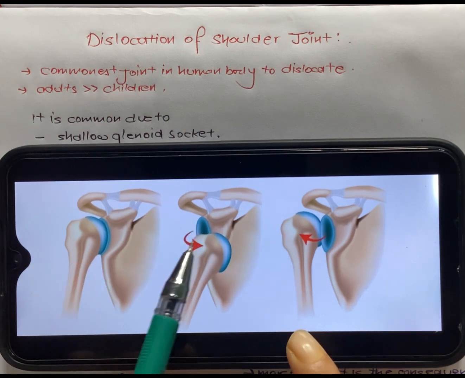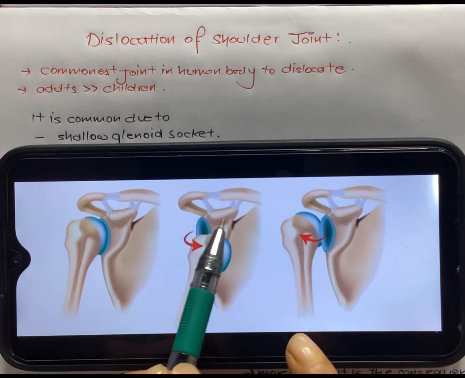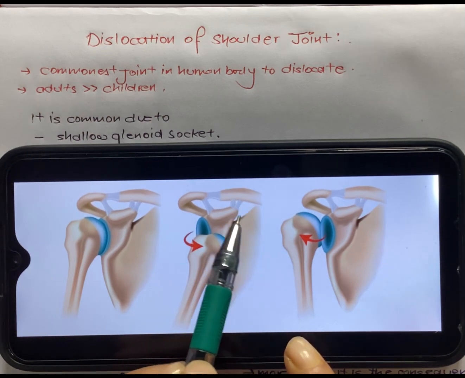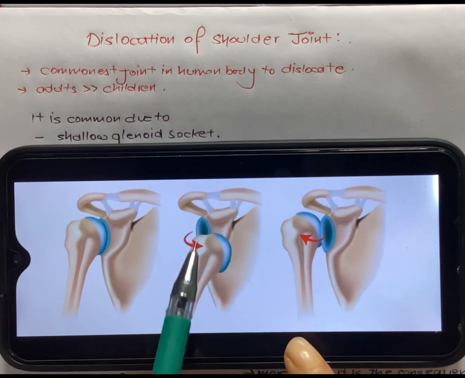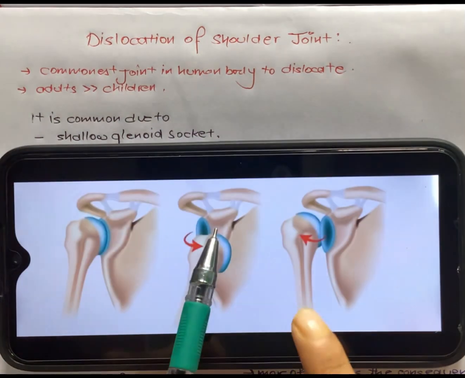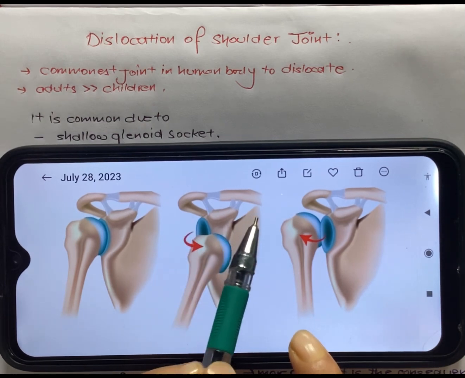In subcoracoid dislocation, the head of the humerus lies below the coracoid process, and in subclavicular type, the head of the humerus lies below the clavicle. So these are the three types of anterior shoulder dislocations: preglenoid, in front of the glenoid; subcoracoid, below the coracoid; and subclavicular, below the clavicle.